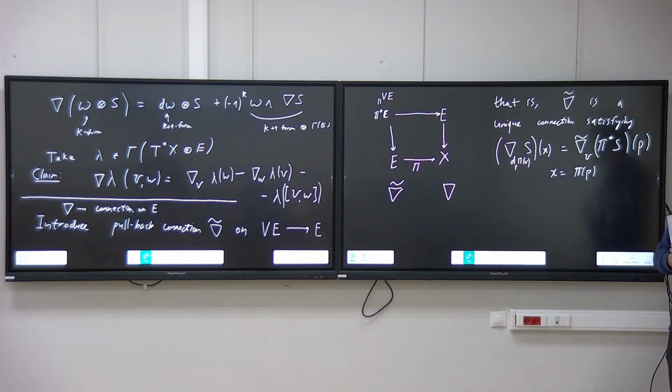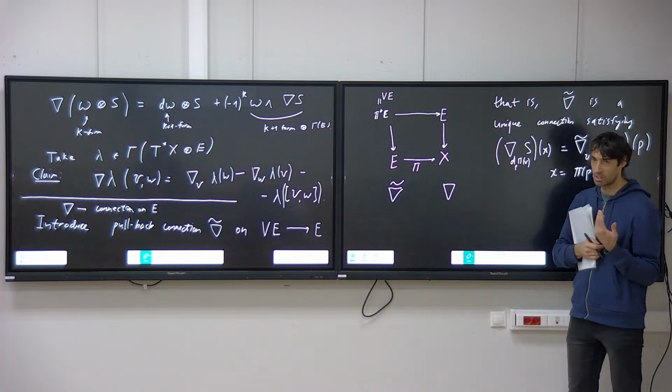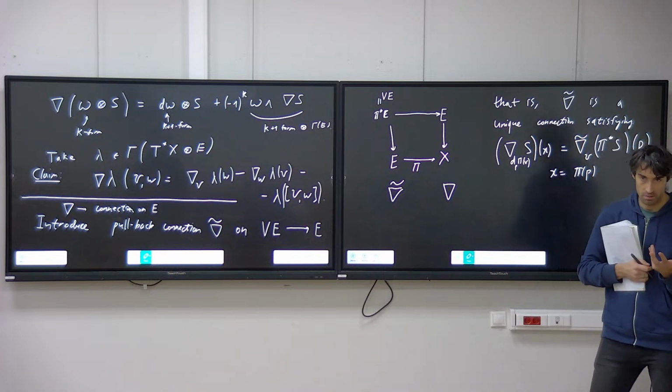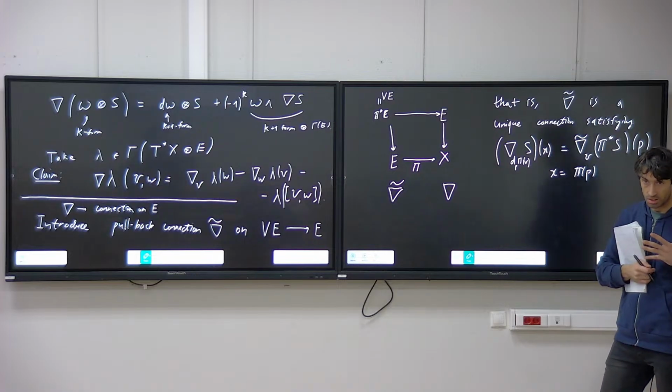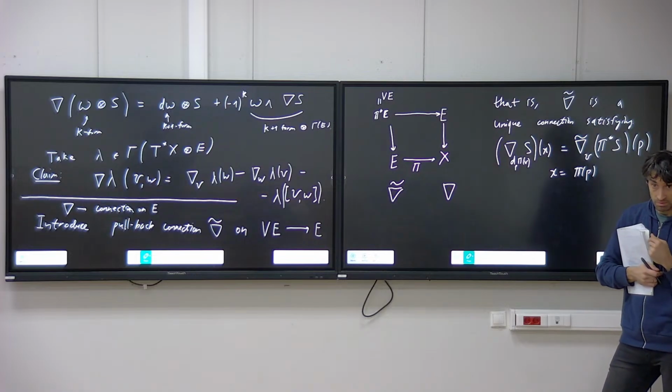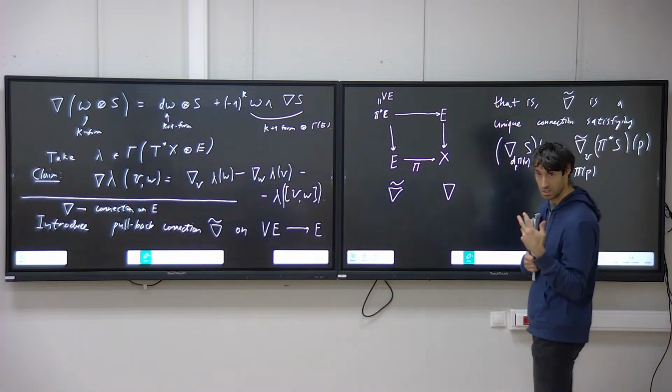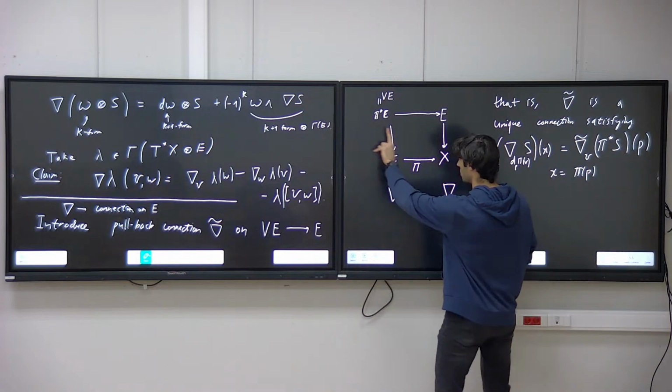Right. So that's the defining relation for nabla tilde. So basically, what I'm saying is that for nabla you have Christoffel symbols in some local basis for gamma of E, and in some local basis for Tx. So you just pull back this basis to E. You can just take this basis and pull it back to this.